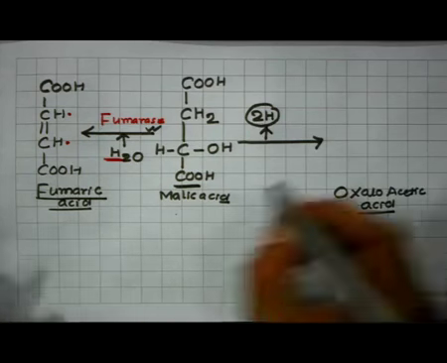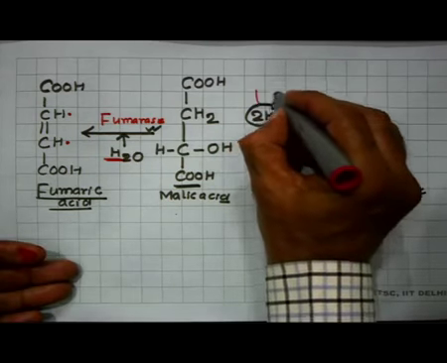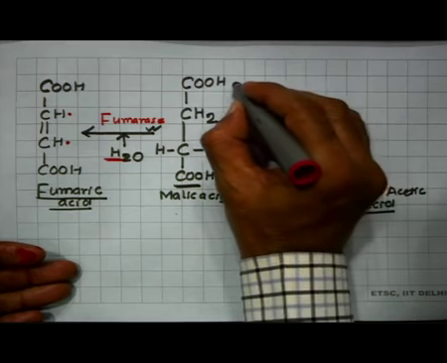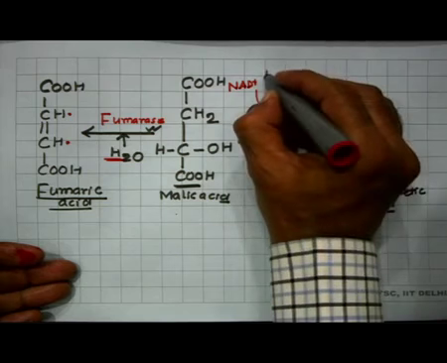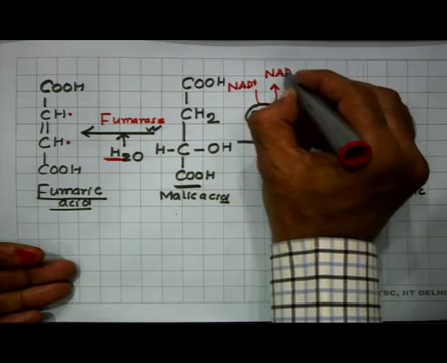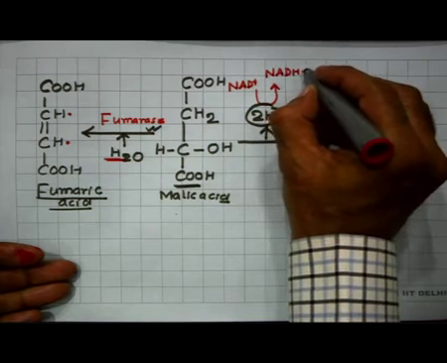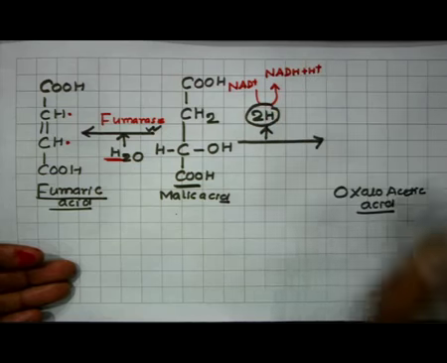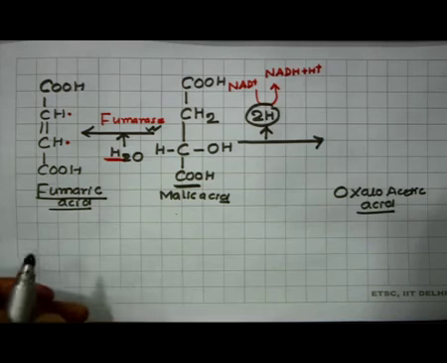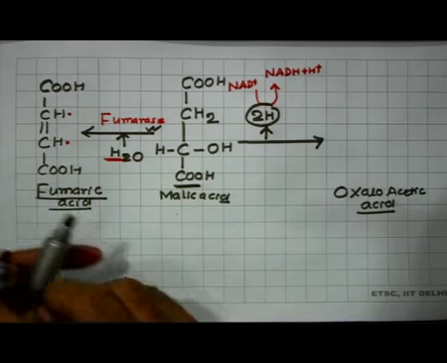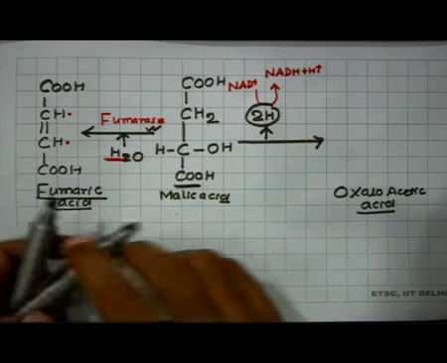This hydrogen is again accepted by coenzyme NAD plus and converted into NADH plus H plus. Now, the product is oxaloacetic acid. Now, where is this hydrogen going to be added?